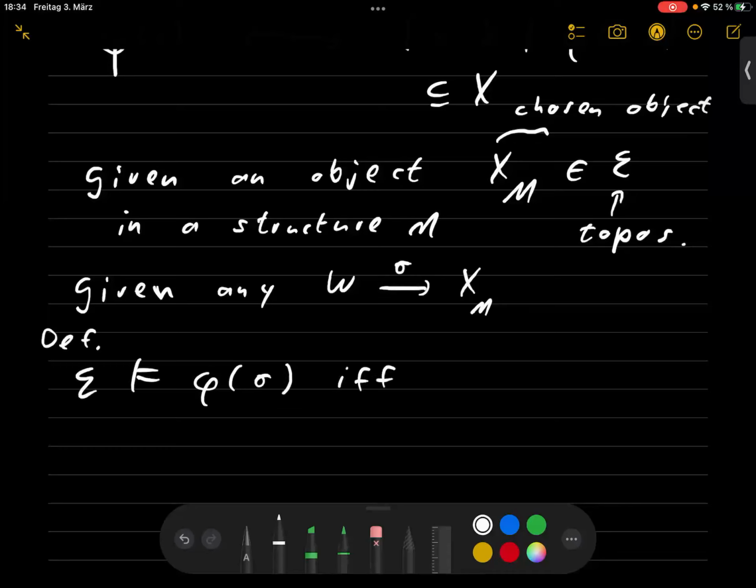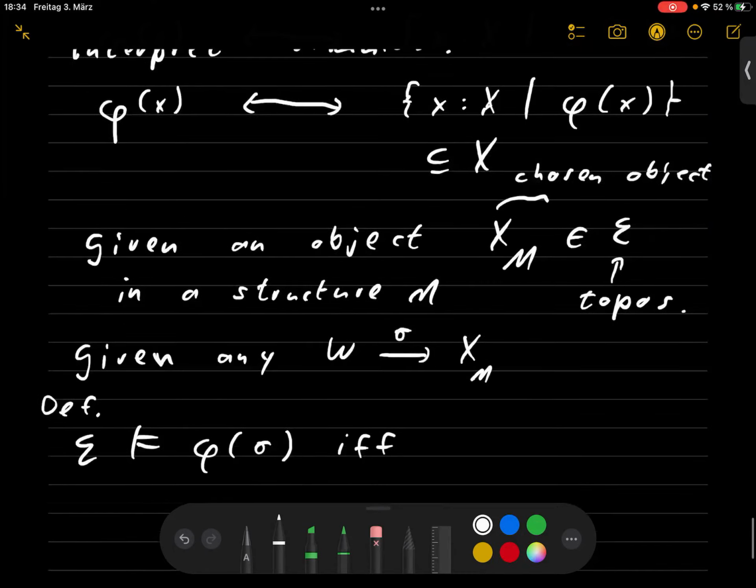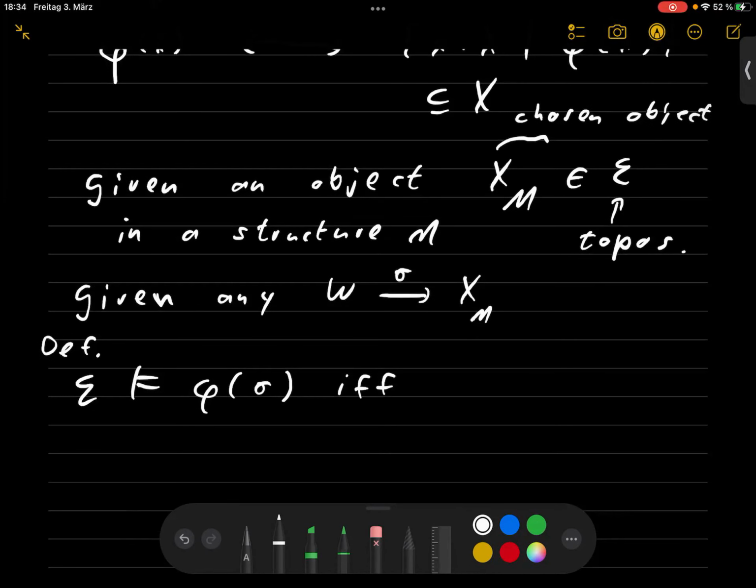if the following thing holds. We consider this W, this goes to X, this goes to omega, and it comes from here, 1. This is the true morphism, and here we have this set where the formula should be true.